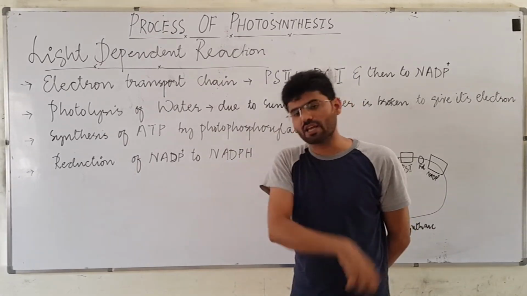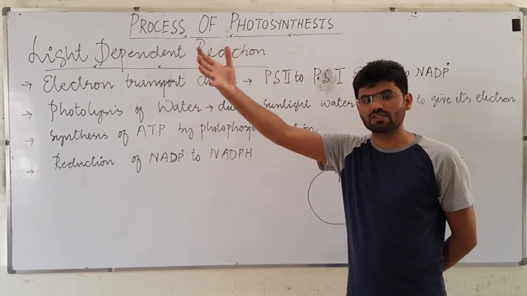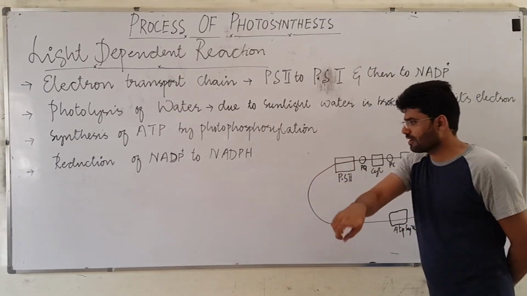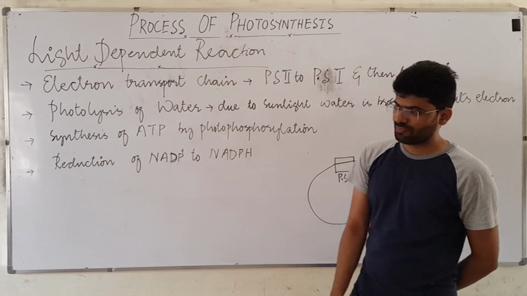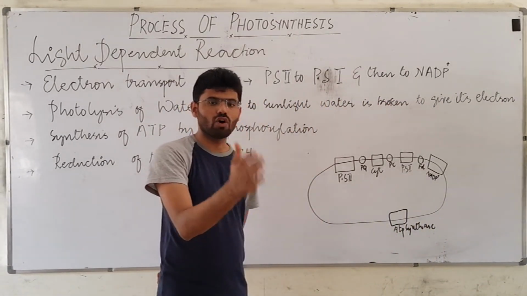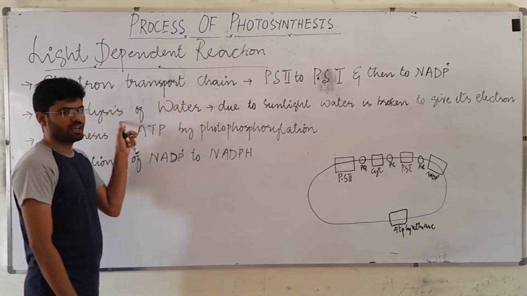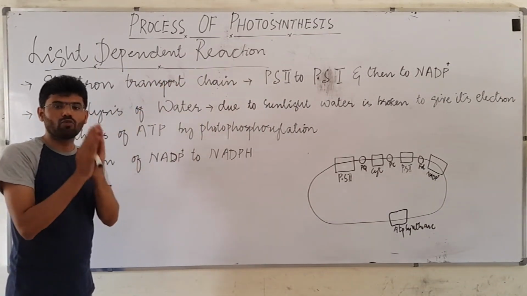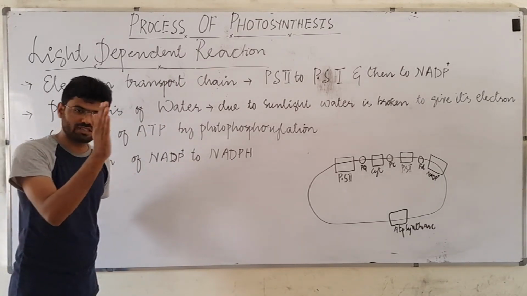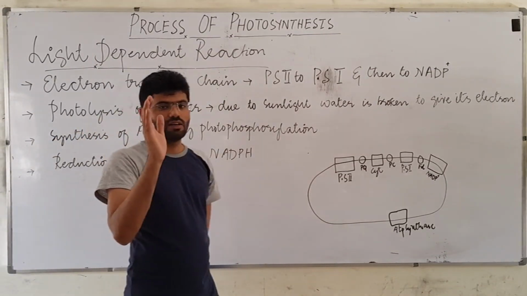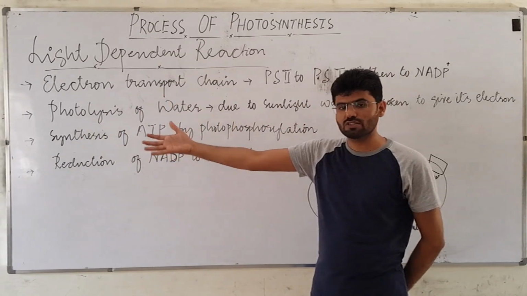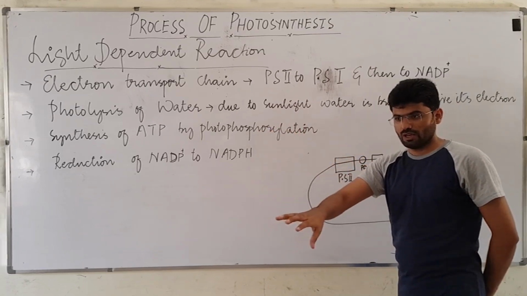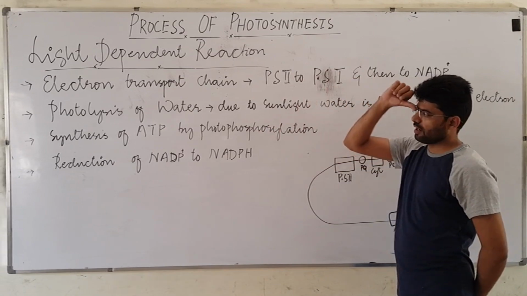Due to light, water is breaking, because light excited the electrons, light caused a loss of electrons from this PS2, and to compensate that loss, a plant breaks the water inside its photosystem, in the water splitting complex. The water is coming through the soil and through the xylem.